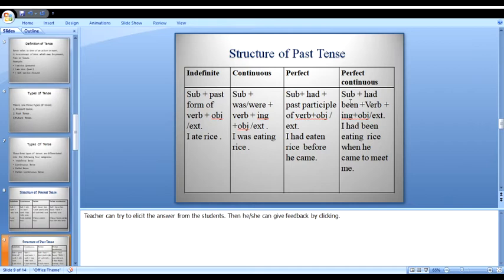And the structure will be subject plus had been plus verb plus ing plus object or extension. For example, we can write I had been eating rice when he came to meet me.